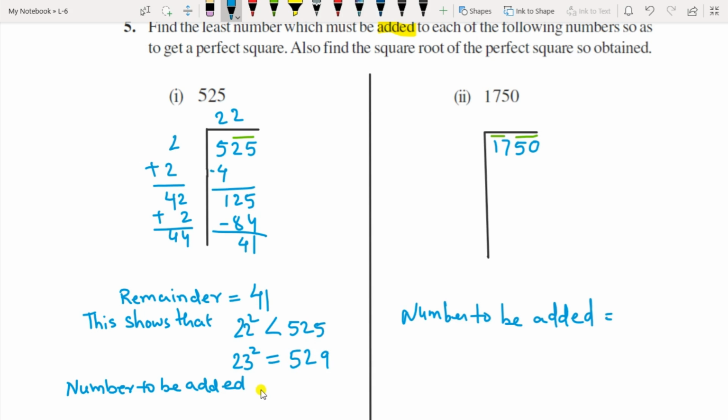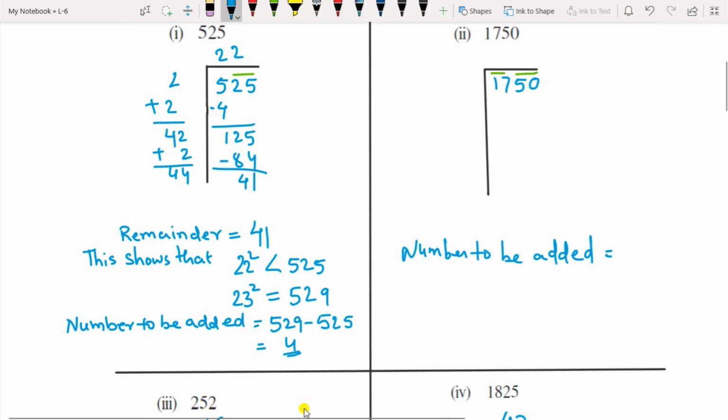So the number to be reached is 529. Subtract 525 from it, and that gives you the answer 4. So in 525 you have to add 4 to get a perfect square number, that is 529, which is the square of 23. So 4 is the answer, the number to be added.